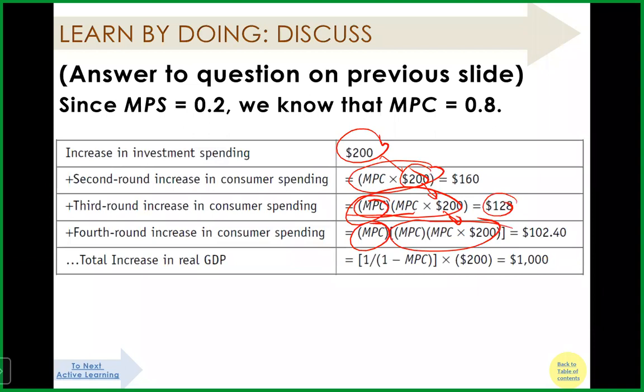You add them together, and you have this total number. This is clear? So this is called the multiplier: $1 of spending is going to have more than $1 impact on the total spending or total income.